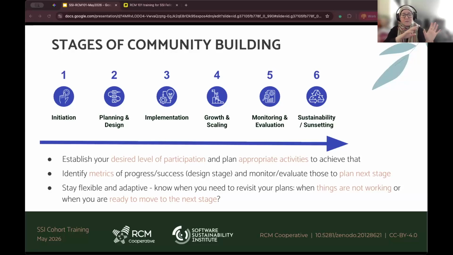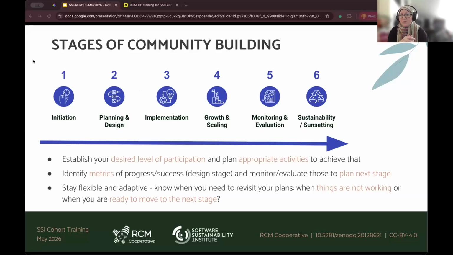So you're basically doing the beginning bit, initiating, establishing what activities you need for that particular level. So thinking about planning the appropriate activities that would get you that level of participation.